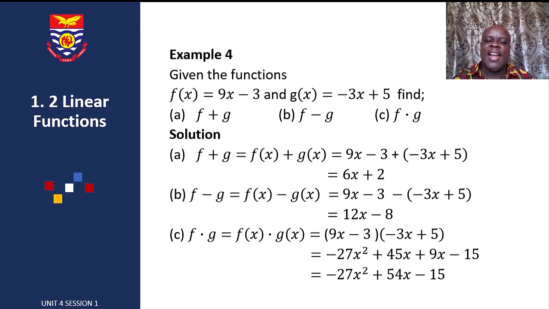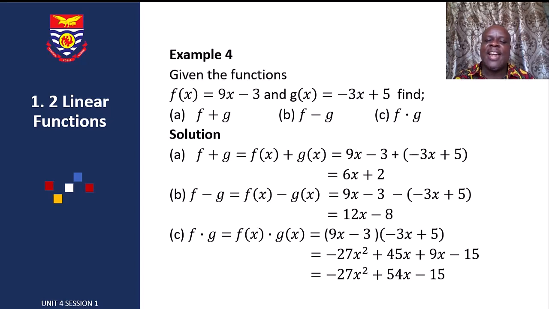The last one, which is multiplication, f of x times g of x. In this example, we'll consider the first bracket 9x minus 3 and pick the first entry 9x and use it to multiply the second bracket. So 9x times negative 3x will give us negative 27x squared.